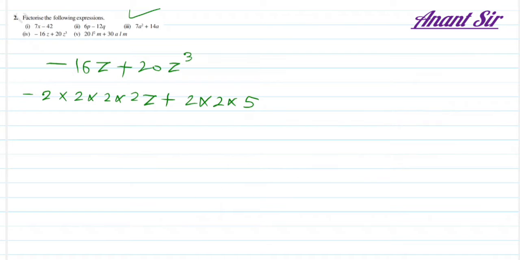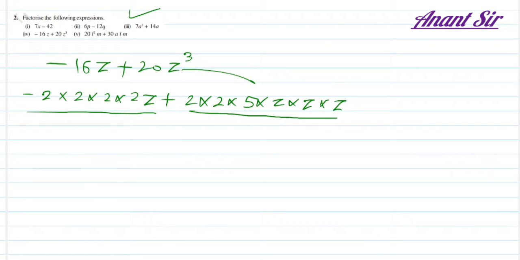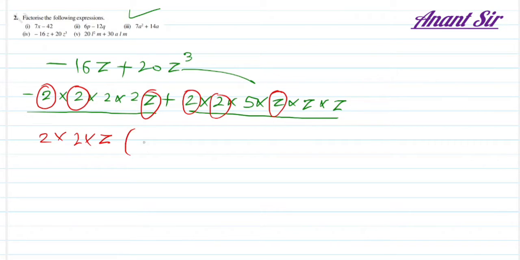I am going to tell you a different method also, okay? And then we are going to write this z cube as z into z into z. So this is the first term, this is the second term. Now we are going to forget about the sign and take the digits which we can take as common. So this 2 I can take common, I can take one more 2 common. Now I cannot take any more 2 common, but I can take one z common. So what remains?